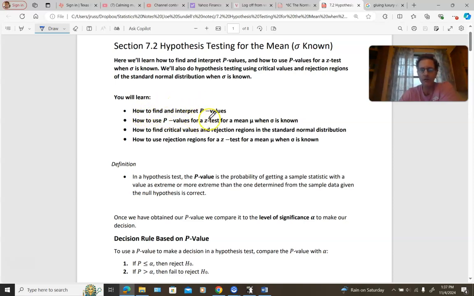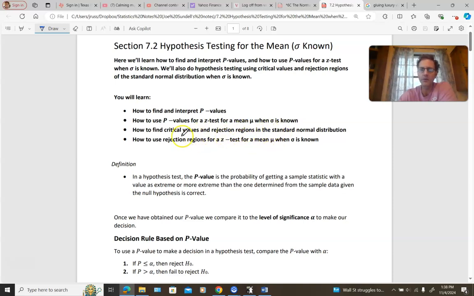How to use p-values for what's called a z-test for a mean, okay, whenever the standard deviation of the population is known. And this is always going to be the case in this particular section, okay. Now, in the real world, that's not the case. Okay, so these are kind of simplified problems. How to find critical values in rejection regions under the standard normal distribution, and then how to use these rejection regions for a z-test.